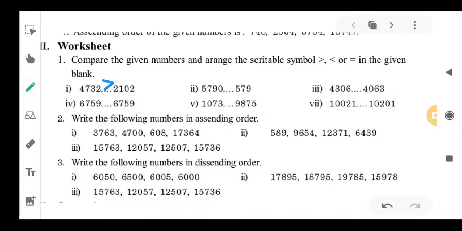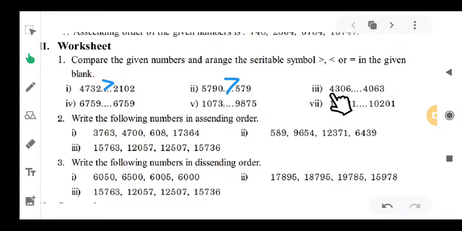So we have to put a greater than symbol. Okay. Next one, this is 4306, this is 4063. In this there are 4 digits, this also has 4 digits. So we have to compare from the left side.